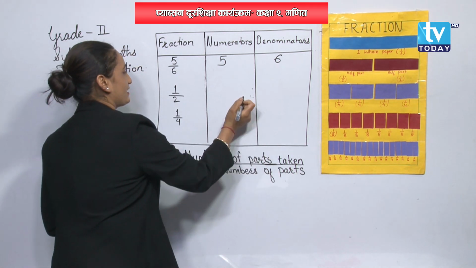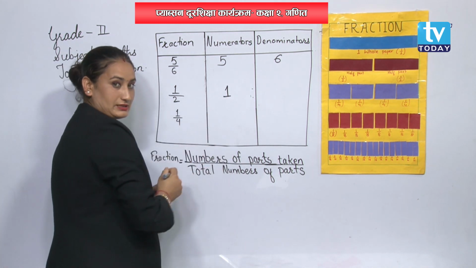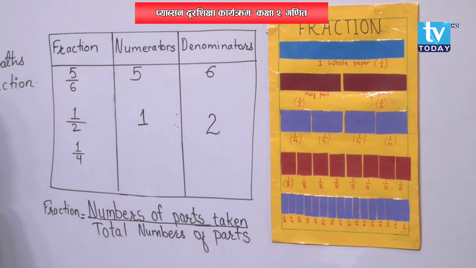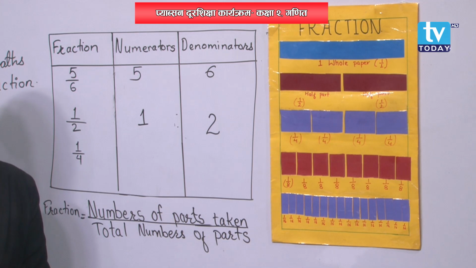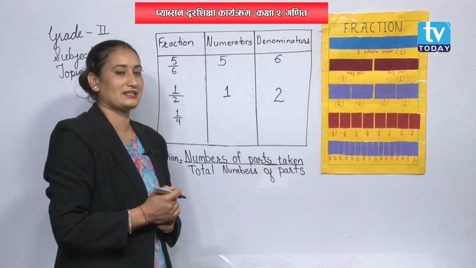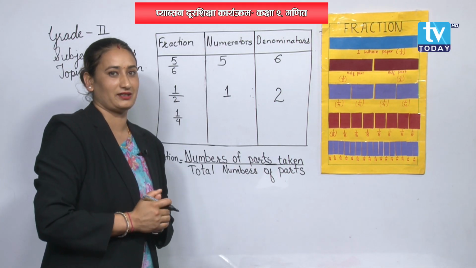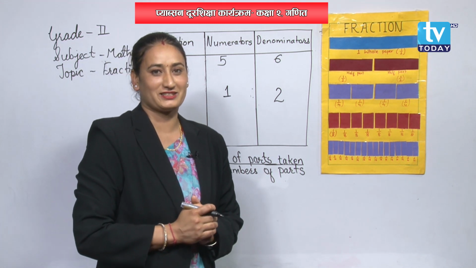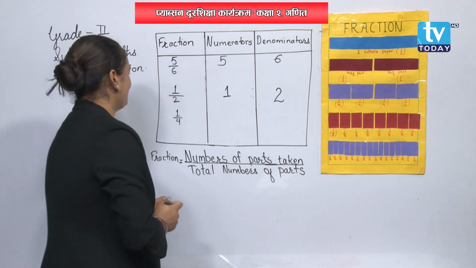So write down here 1 as a numerator and 2 as a denominator. So that means out of 2 pieces of pizza, I took 1 and 1 is still left, or a piece of a Dairy Milk chocolate. Which one do you want?